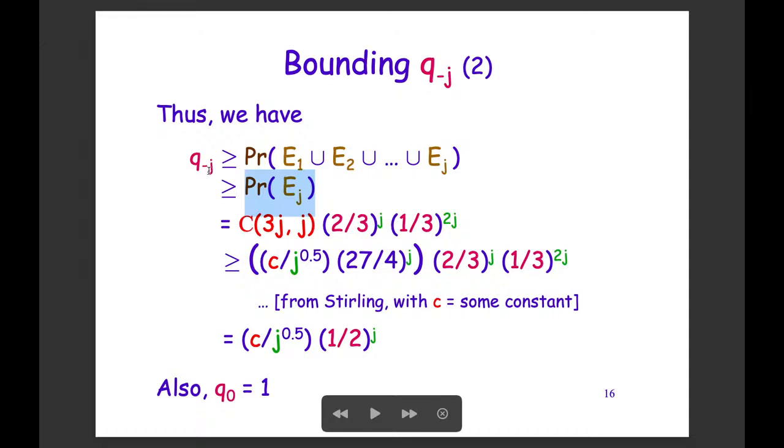So we have an approximation of this Q minus J value to be something like this. Okay, you can check the algebra, the simplification, at home. The high level here is that we have a relationship of Q minus J with this value here.